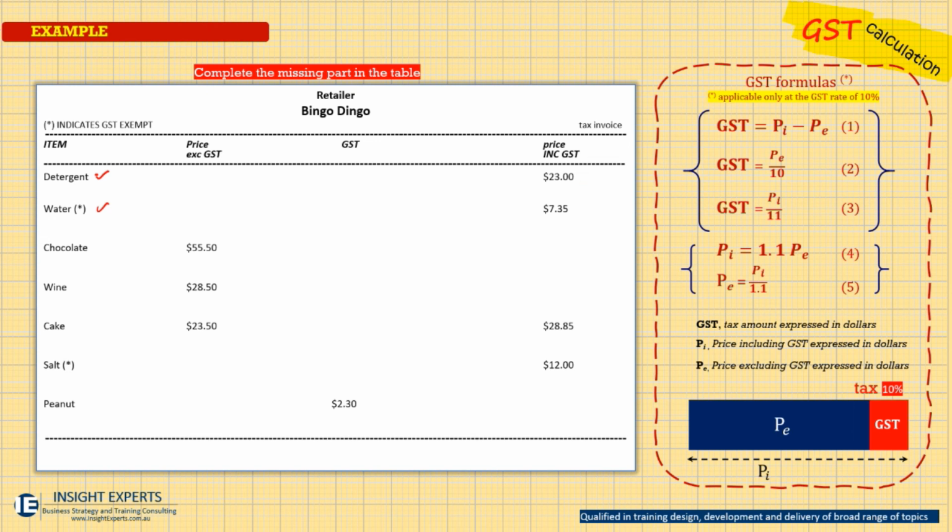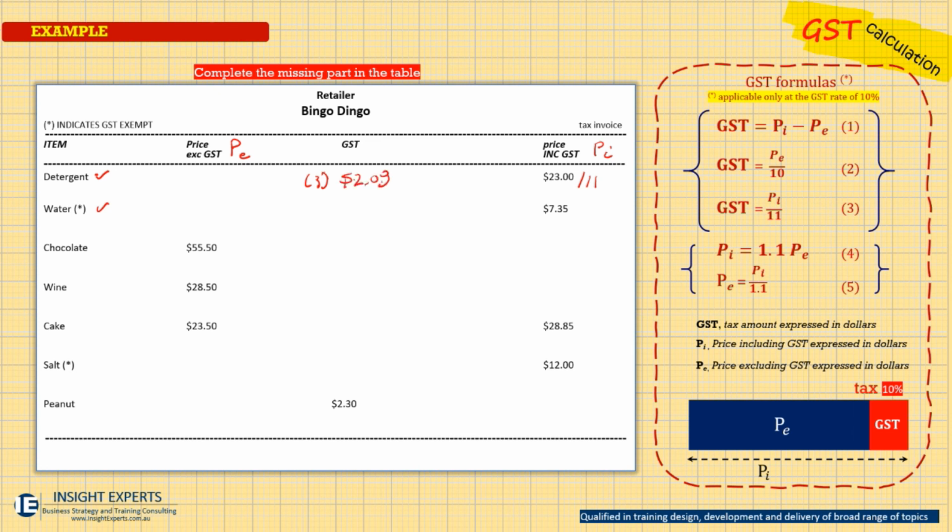since I have the price including GST, which is PI, and by the way, this is PE, and of course this is the GST amount. So since I have PI for the detergent, if I apply equation number 3, meaning that if I divide this by 11, I get the GST amount. So from equation number 3, if I apply that, I will get $2.09.